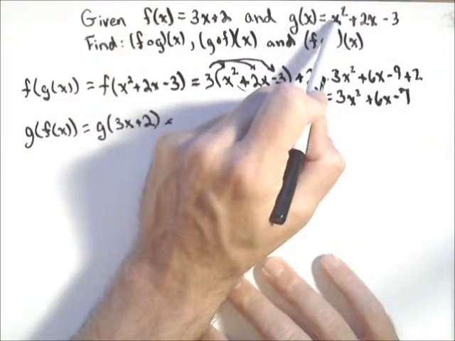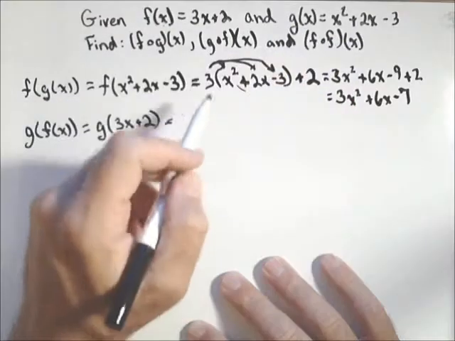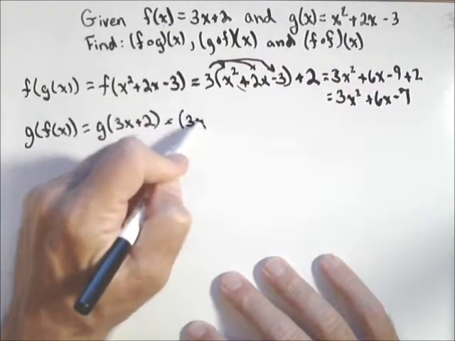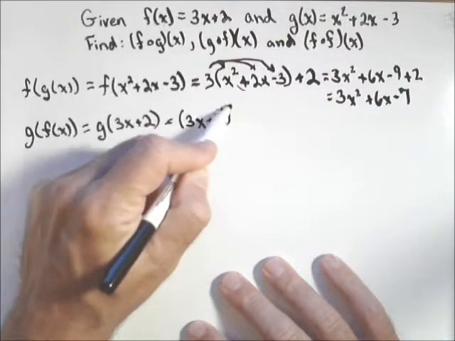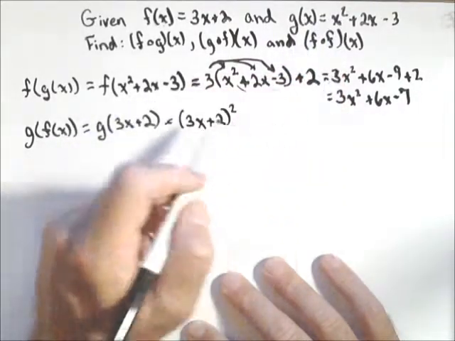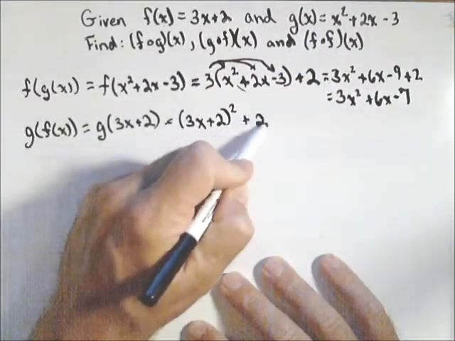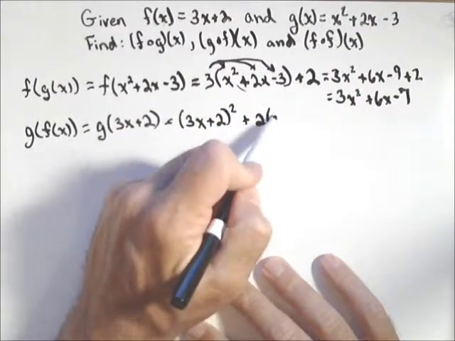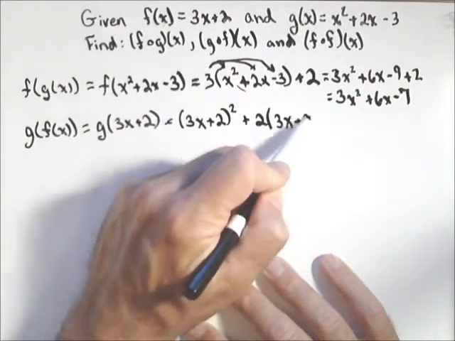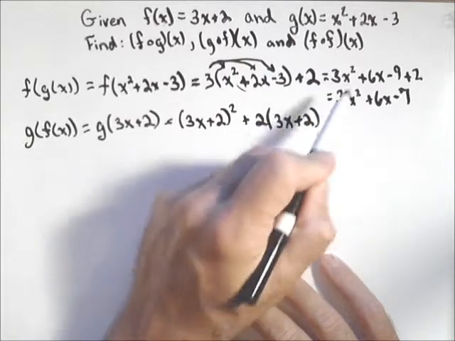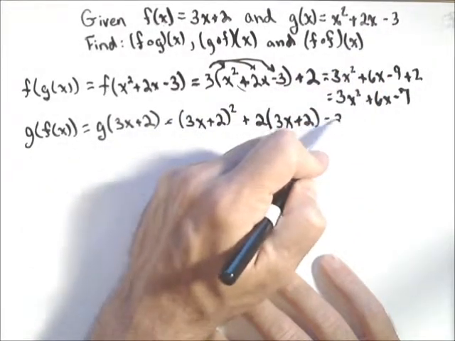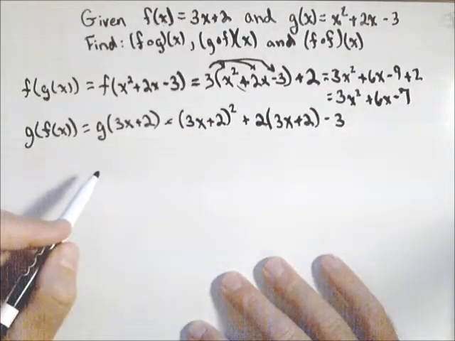So we have to put a 3x plus 2 for each of these x's. So we'll have 3x plus 2, the quantity squared for the x squared, plus 2 times 3x plus 2. And then finally, don't forget the minus 3. It's really easy to forget that at the end.